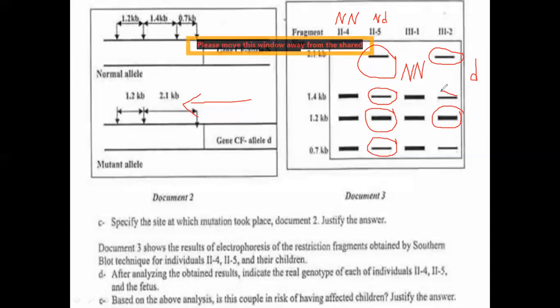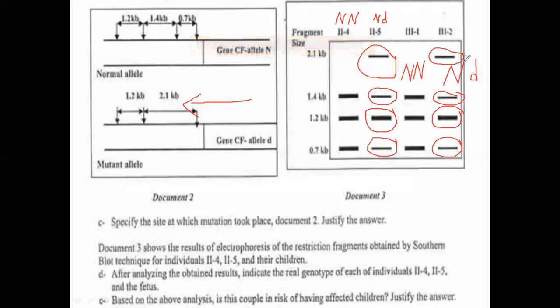It has 1.4, and it has 0.7. So sure, this individual will be ND. How would it be DD if it has thick band 2.1 and thick band 1.2? So here it's ND, so the fetus will be normal.